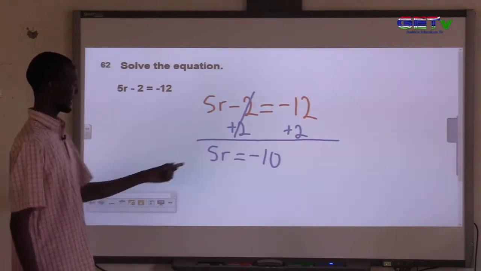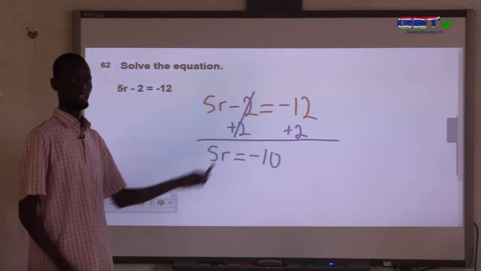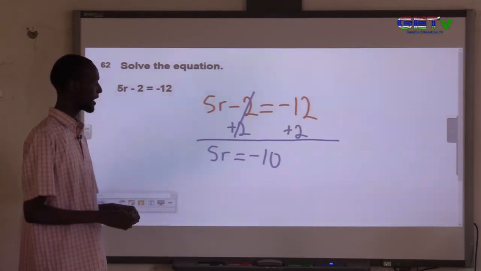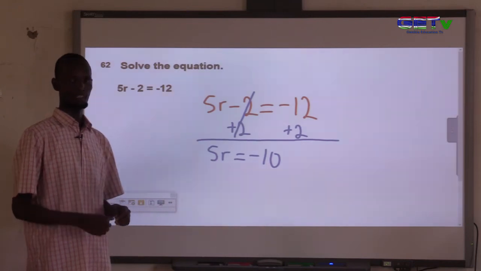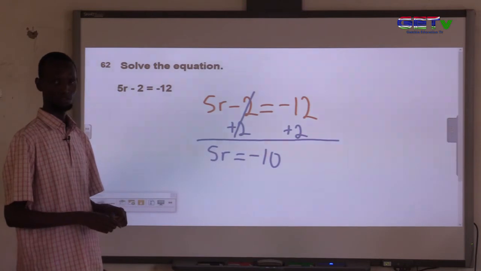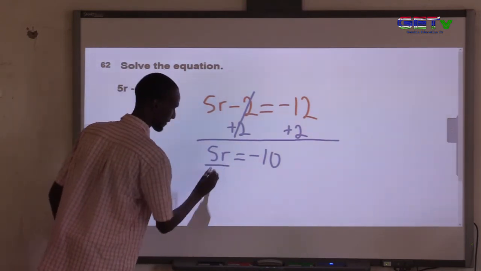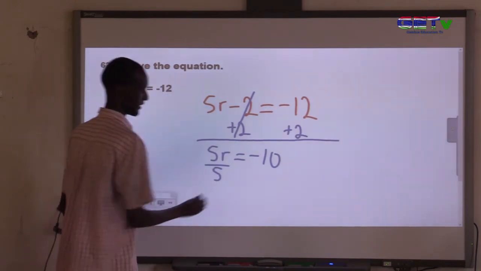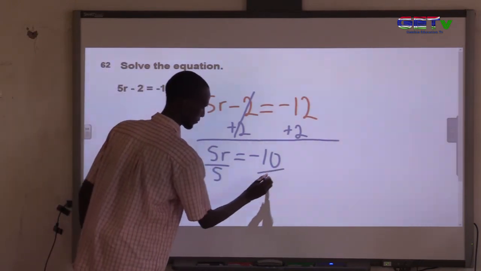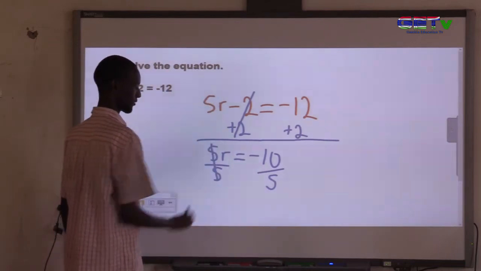Still, our variable is not all alone. We have 5r. 5r is 5 times r, multiplication. So to undo that multiplication, you divide. So you divide the left-hand side by 5, and divide the right-hand side also by the same 5, so that the 5's will cancel out.